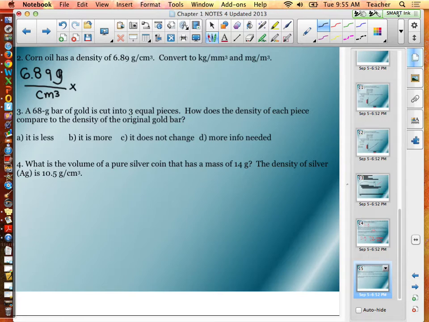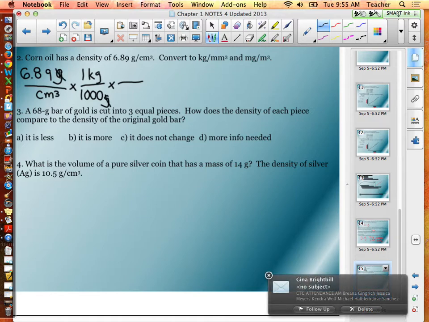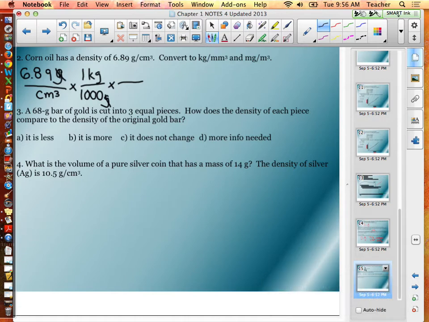The first thing we're going to do is say that in 1 kilogram, there are 1,000 grams. That takes care of our grams to kilograms. And then over here we need to go from centimeters cubed to millimeters cubed. If you remember, 1 centimeter is 10 millimeters. Because this is a 3-dimensional conversion, we need to do the whole thing cubed. Once again, what that does is make it 3-dimensional, and our centimeters cubed will cancel.